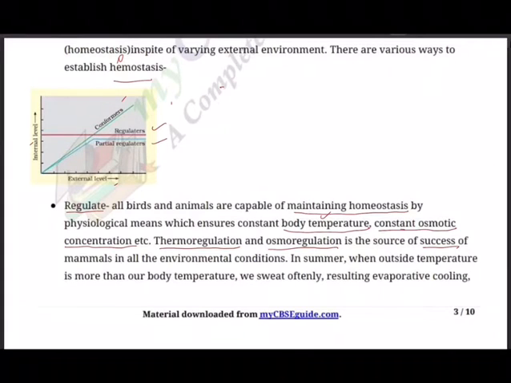And we know that osmoregulation can be achieved by having osmoregulators, like the kidney in our own body. Thermoregulation can be done through thermoregulators, like the skin in our body. So these are the sources of success in all the mammals in the given environmental conditions.